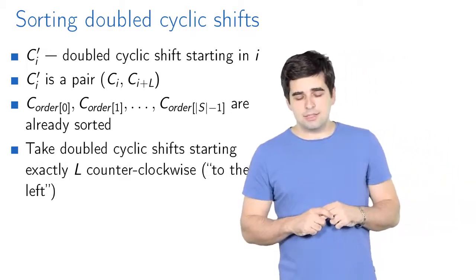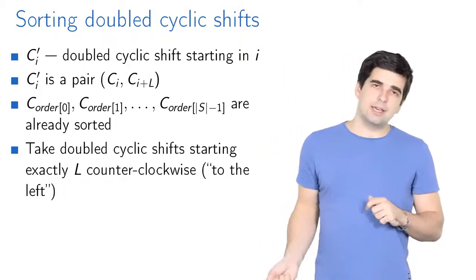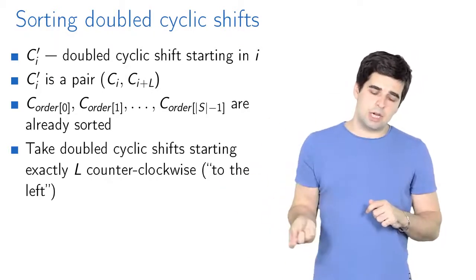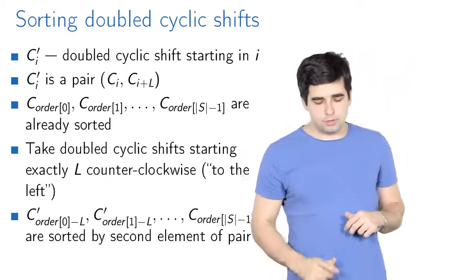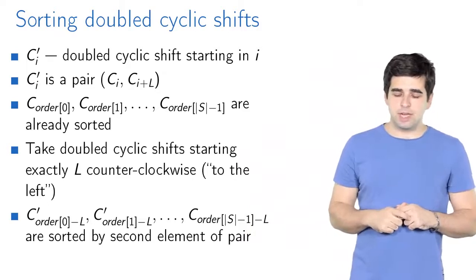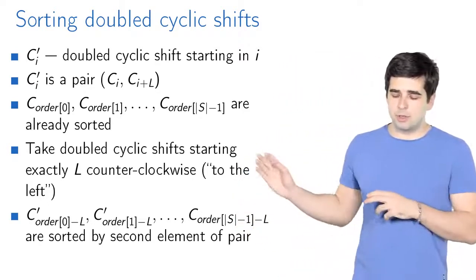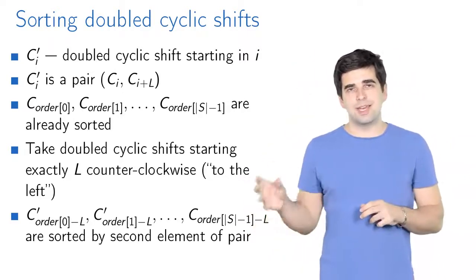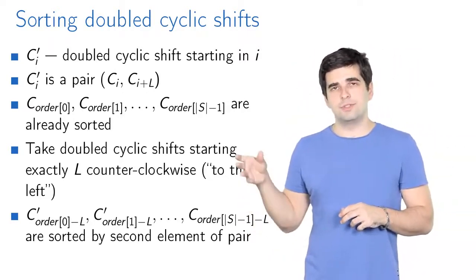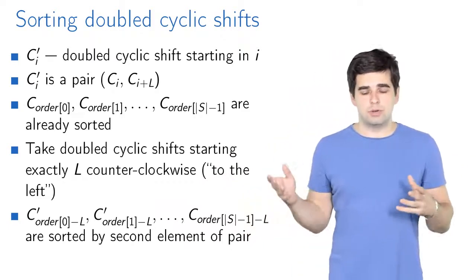Now let's take the double cyclic shift starting exactly L to the left, counterclockwise from those, and then C prime order of 0 minus L, C prime order of 1 minus L, and so on, are sorted by the second element of the pair of single cyclic shift, sorted already.